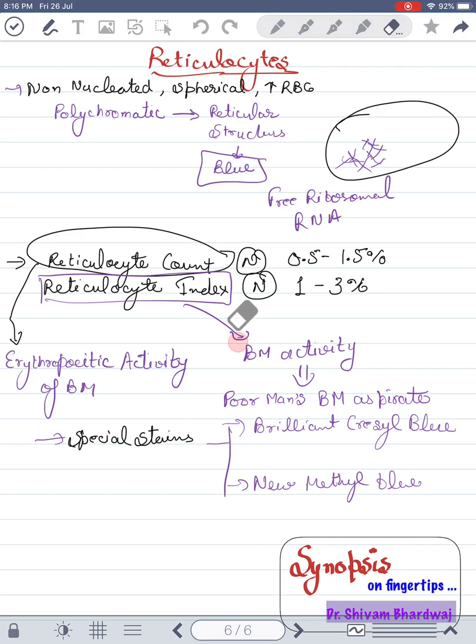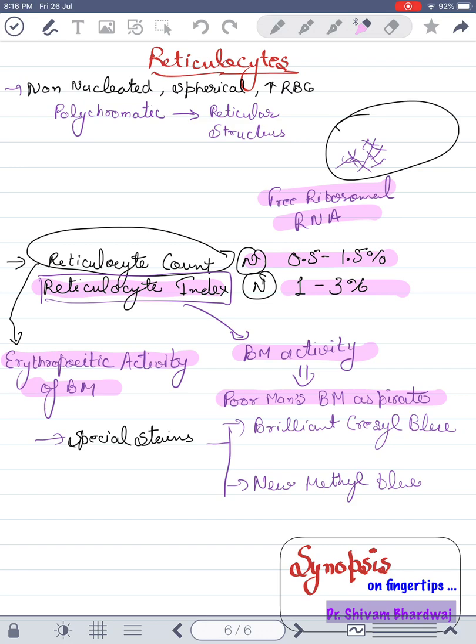Now again discussing the blue color: the blue color represents the free ribosomal RNA. The reticulocyte normal count is 0.5 to 1.5%, which gives the erythropoietic activity of bone marrow, while the reticulocyte index normal count is 1 to 3%, which gives the bone marrow activity and is known as the poor man's bone marrow aspirate. There are two special stains for this, the brilliant cresyl blue and the new methylene blue.